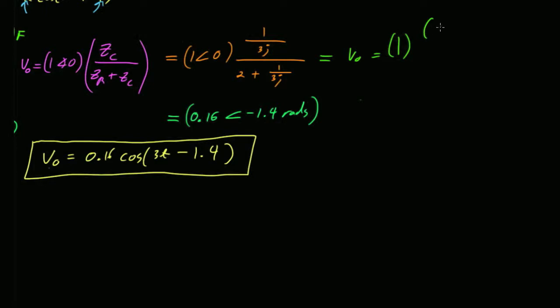So that's 1 over 3 times 1 angle minus pi over 2, over 2 plus 1 over 3 angle minus pi over 2. I mean, that should be the same thing, right? Because I've argued earlier that 1 over 3j is really the same as 1 over 3 angle pi over 2.